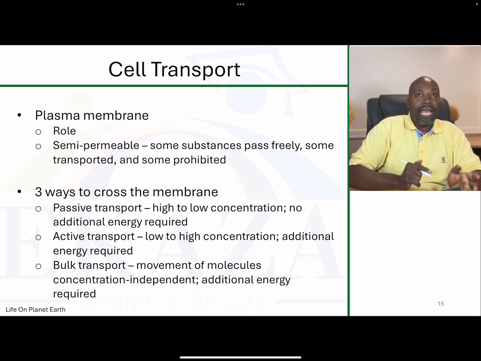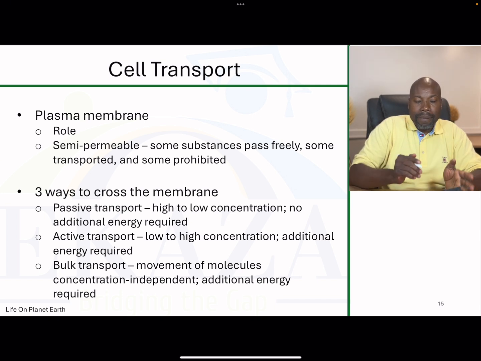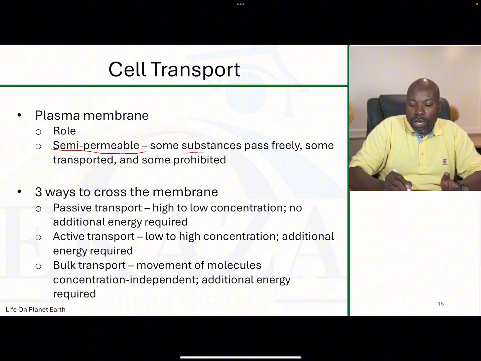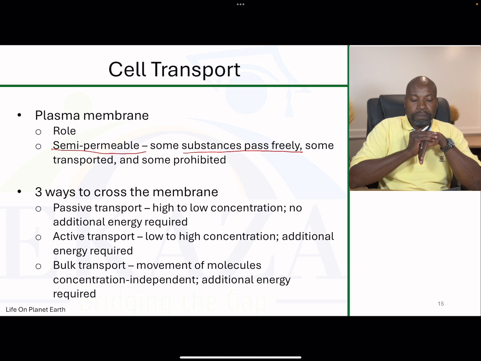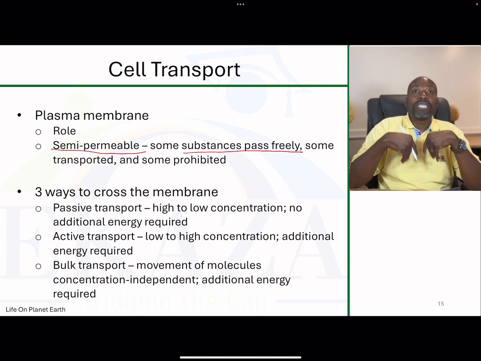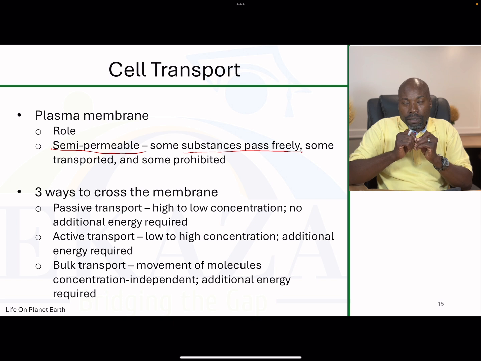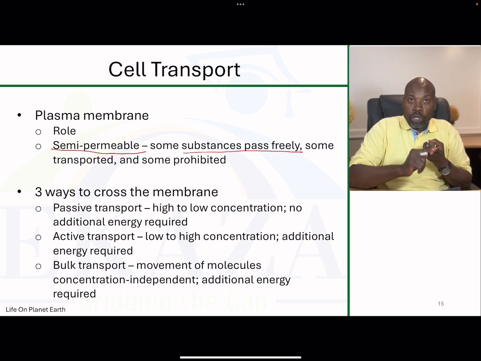Now, remember, plasma membranes are semi-permeable, right? Which means that some substances can cross freely the plasma membrane, while others cannot. They have to be transported, right? Now, some actually are so small, they are non-charged, they are non-polar.